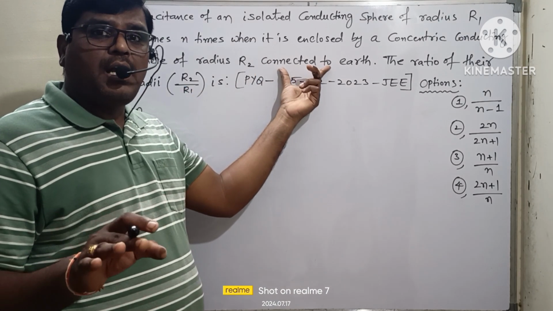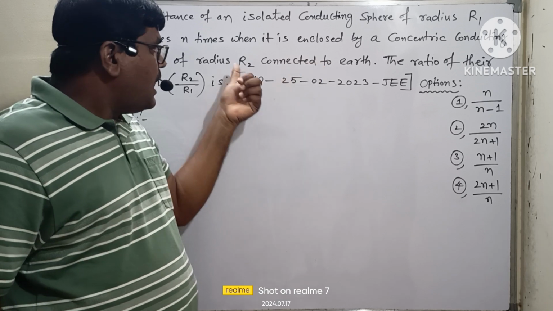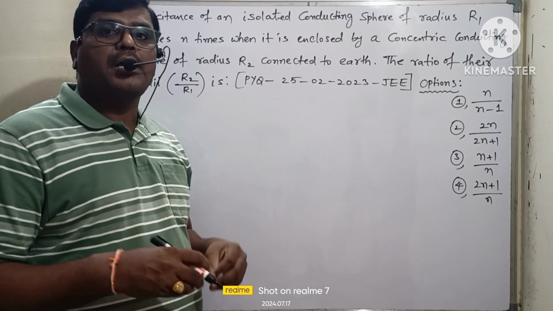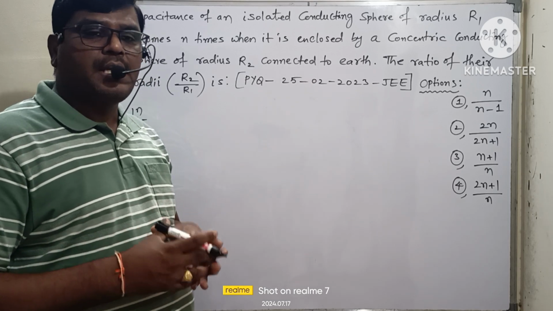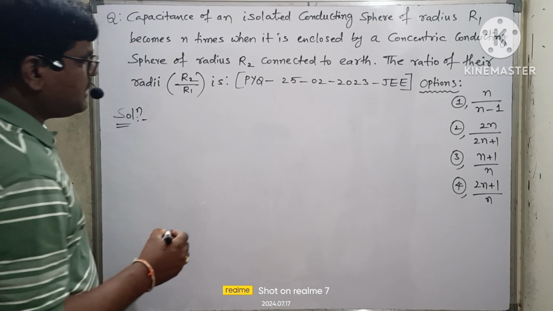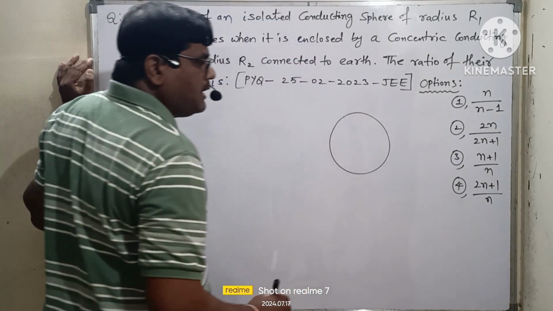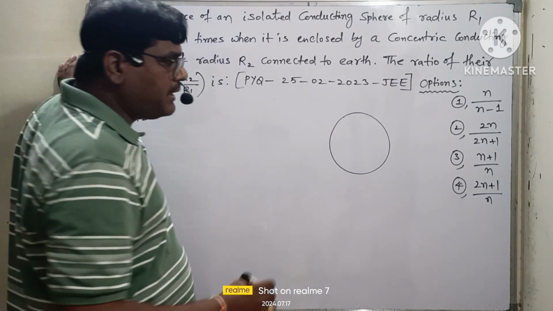R2 minus R1, or R1 minus R2? If R2 is connected to the earth, in the formula we have R2 minus R1. First, what is the capacity of a spherical conductor of radius R?